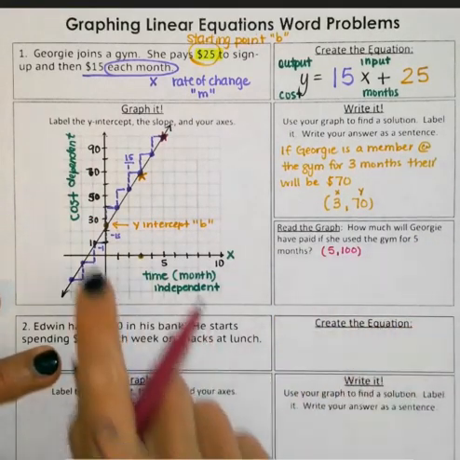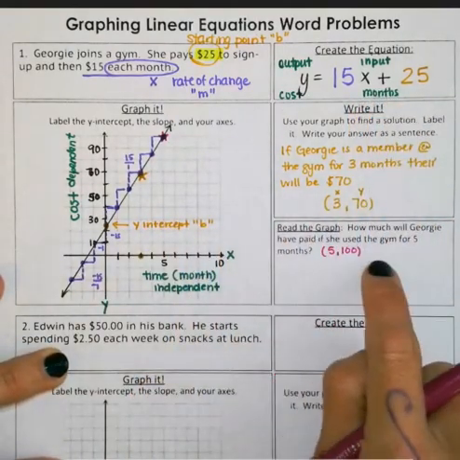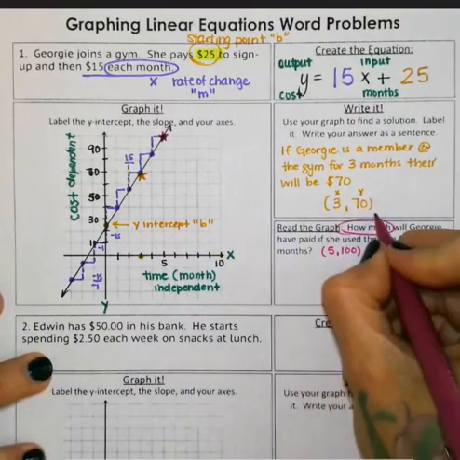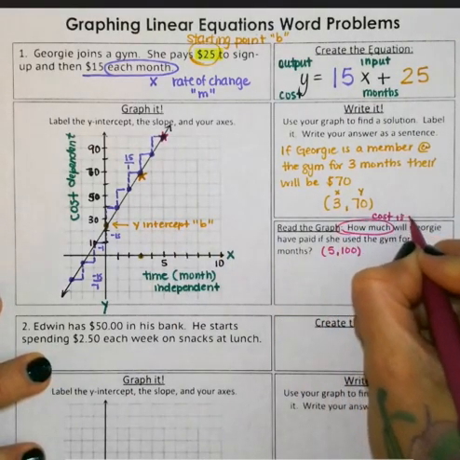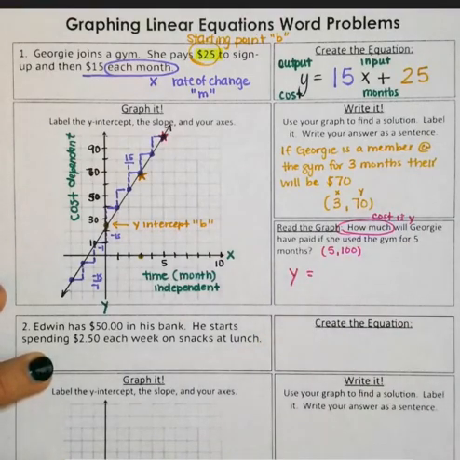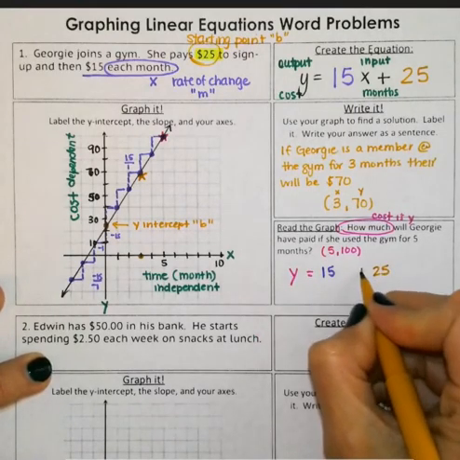Or if the graph confuses you and you're positive your equation's correct, we're looking for our cost, how much. So that means, remember, cost is y. So our unknown is y. We know our slope is 15. We know our initial cost is 25. That's non-negotiable.